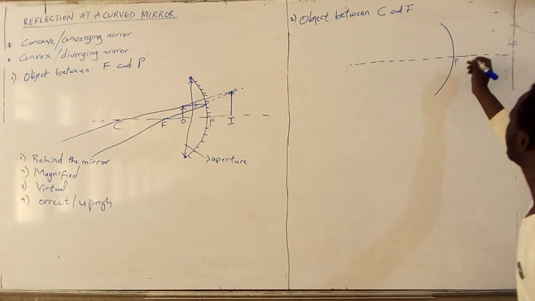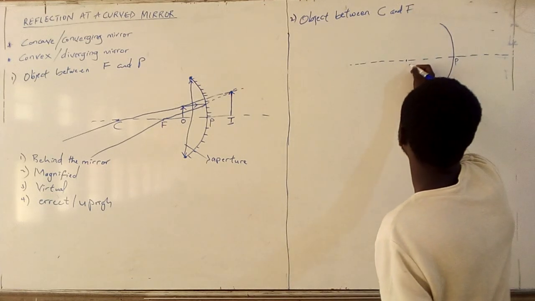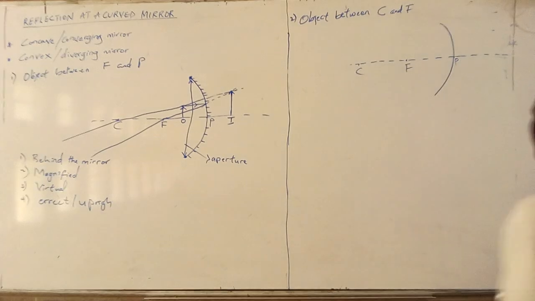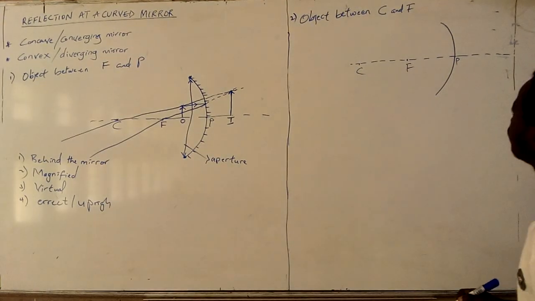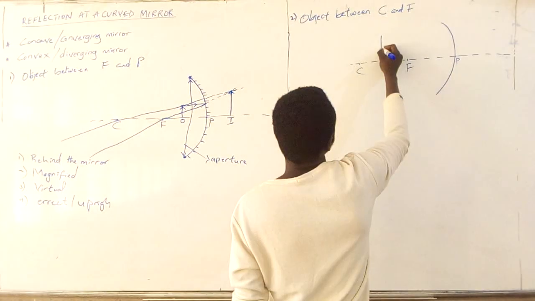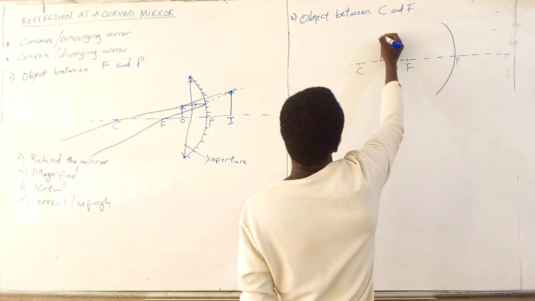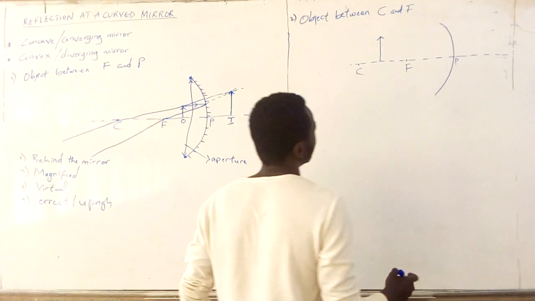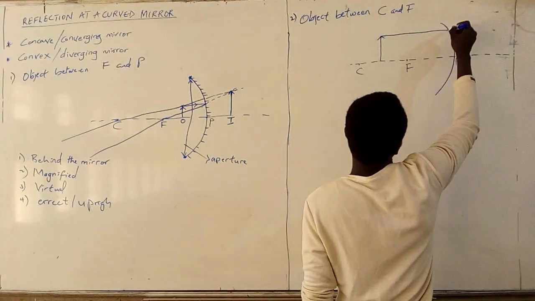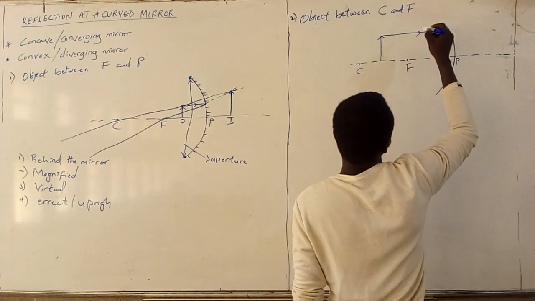So I have my P, F, and C. So our object is between C and F. If this is the object, a ray of light will pass this way in this direction.